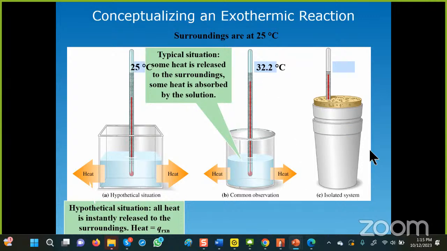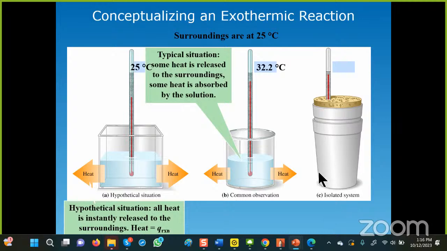Now, what we can do, and this is basically what happens when you're actually measuring heat change in the reaction, is that instead of doing the reaction in a normal beaker like this, we do it in a system which is totally insulated, right? In other words, this is an isolated system. When that happens, there'll be no heat escaping to the surroundings. So therefore, whatever heat is generated will warm up the solution that is remaining in the system right here.